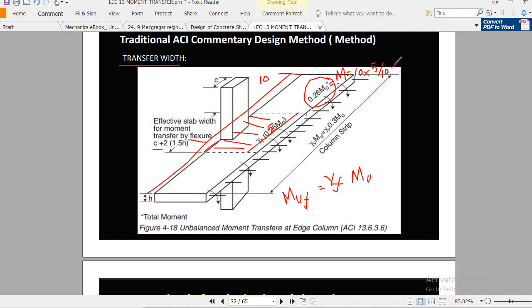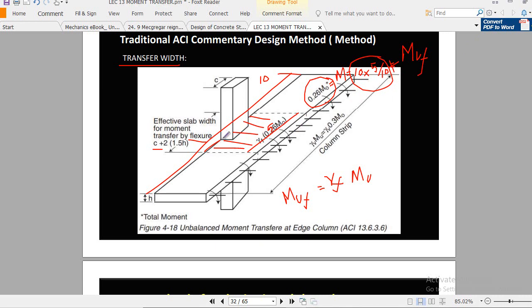Now the moment which you got from this should be added with this one, MUF, right? MUF should be added with this value, and that will be the net moment for which you will design the reinforcement, and that reinforcement would only be provided in this transfer width, remember.